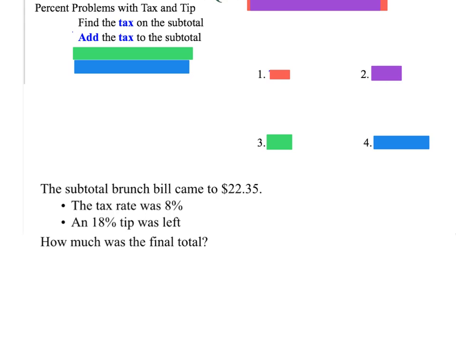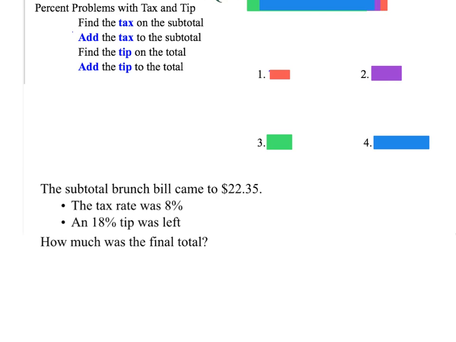It's extra money you have to pay. Once we have our total, now we can leave a tip. So we use the percentage to find the tip, and then we add it again to the total because it's more money we're paying. So when we go out to eat and we only have tax and tip, nothing is being subtracted because it's all more money we have to pay.